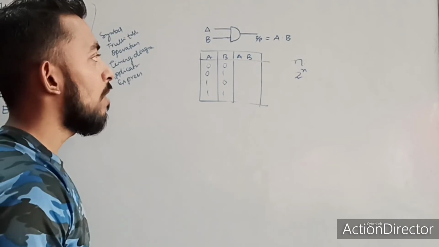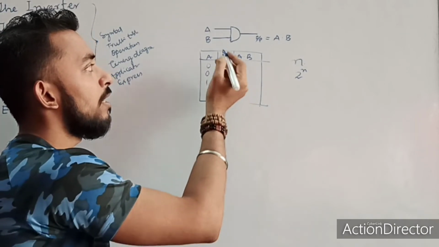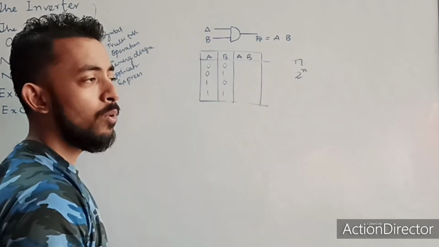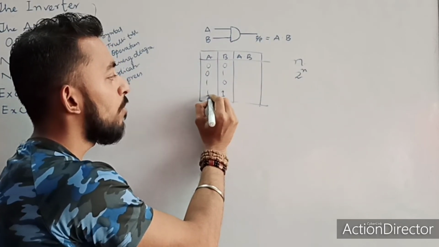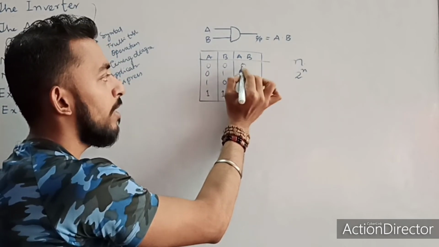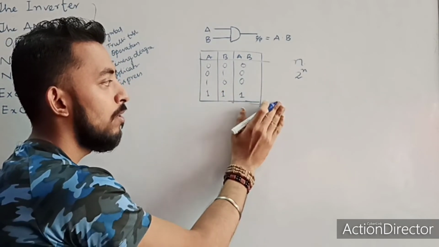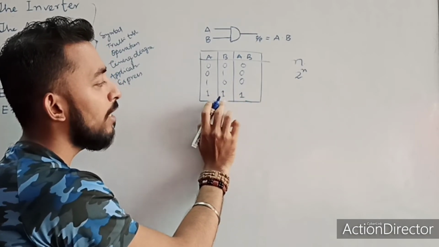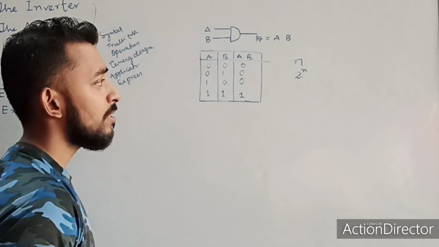So how does an AND gate work? The output is 1 when both inputs are 1, and in all other cases the output is 0. This is the truth table of the AND gate: only when both inputs are high will the output be high.